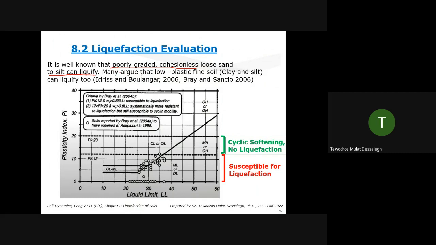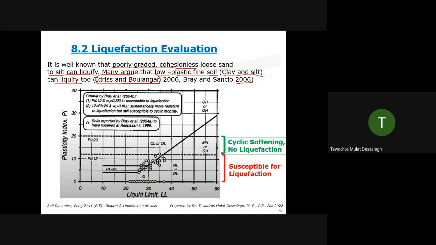And researchers also argue that low plastic fine soils, even some clays with low plasticity, clay and silt, can liquefy too. Idriss and Boulanger, these are very famous researchers. They did a lot of research on liquefaction and developed procedures for design. They are in the US. So Idriss and Boulanger in 2006, Bray and Sancio in 2006, developed this chart.